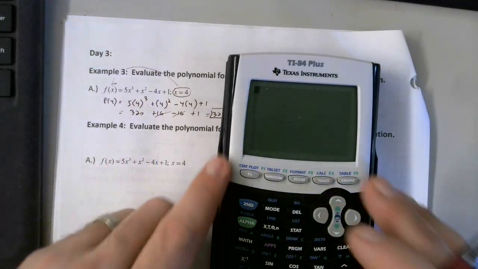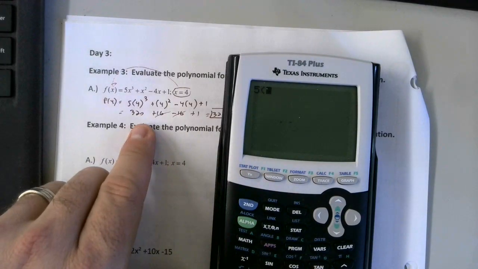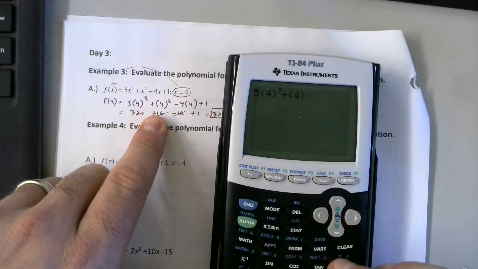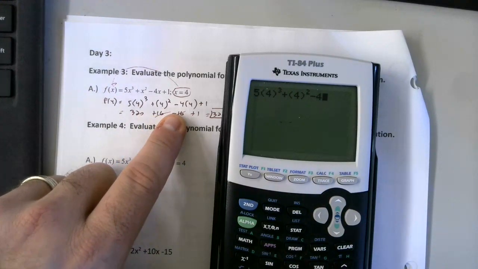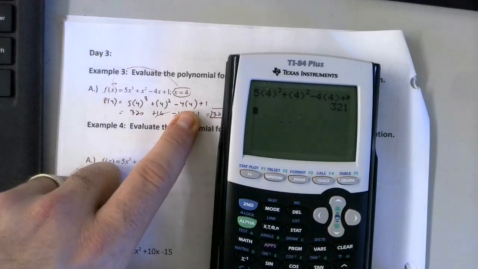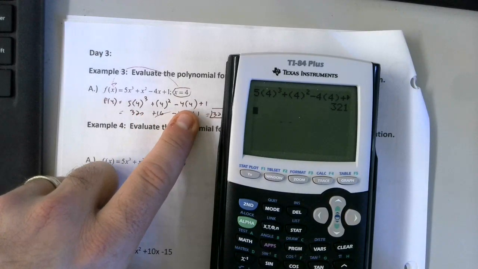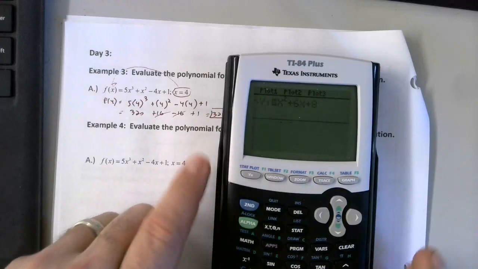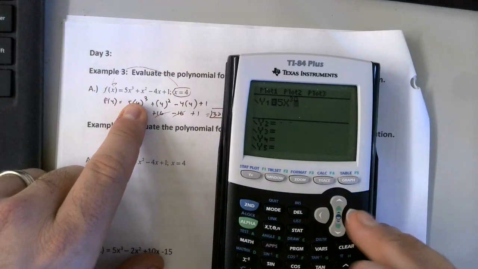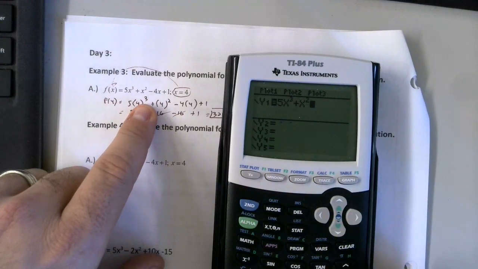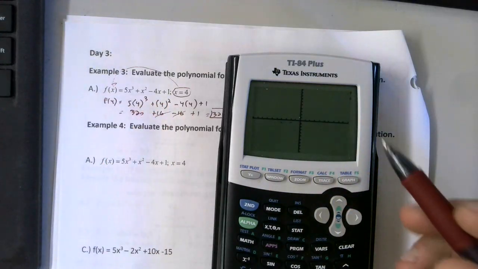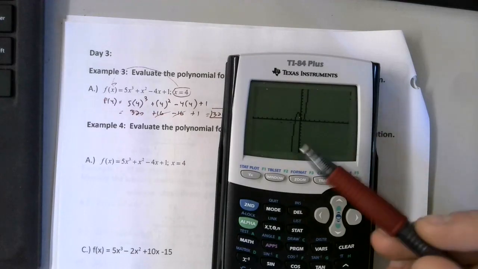Now, if I type this in just like in my calculator, 5, let's see if I can get it right this time. You get the same answer. But you have to have the parentheses, okay? Another way to think of this is if you were to graph that polynomial in your graphing calculator, 5x cubed plus x squared minus 4x plus 1 and hit graph, you'll see a bunch of terms.